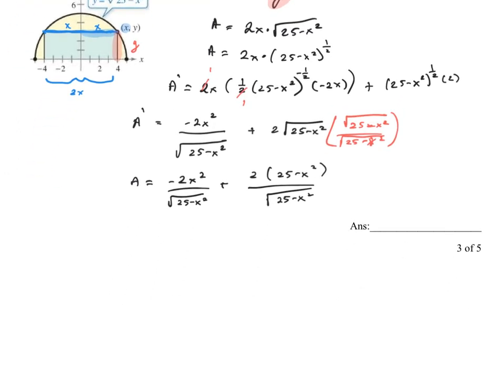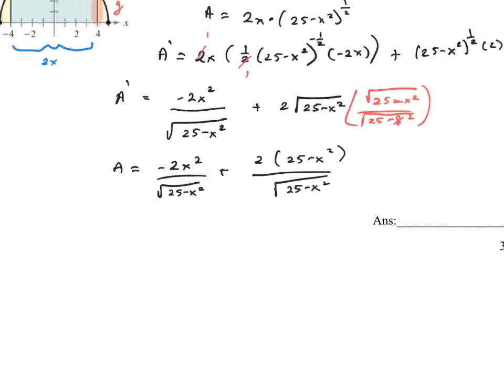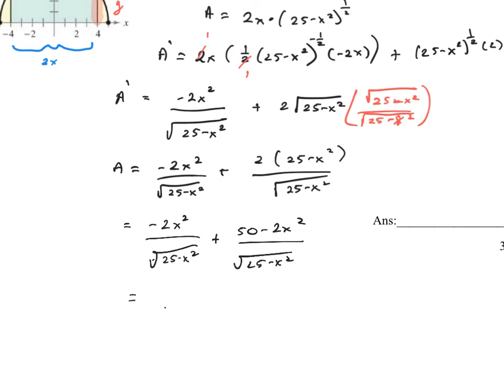I'm going to continue doing some simplification here. So I have negative 2x squared all over the square root of 25 minus x squared. Then I have plus 50 minus 2x squared all over the square root of 25 minus x squared. They have a common denominator, so I can add the numerators and keep the denominator the same, square root of 25 minus x squared.